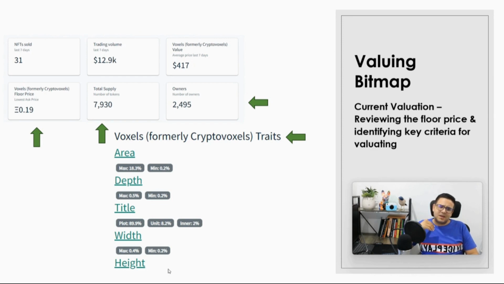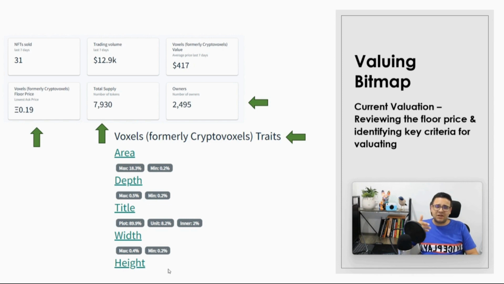What I found interesting initially is that they've also used similar criteria to Magic Eden and Ordinals Wallet: they've got the floor price, the total supply, and owners as well. Great. So we've established straight away a consistent approach to how we can value this bitmap.